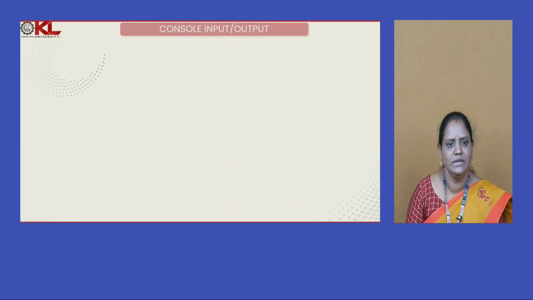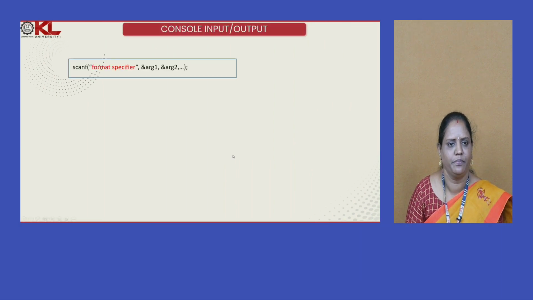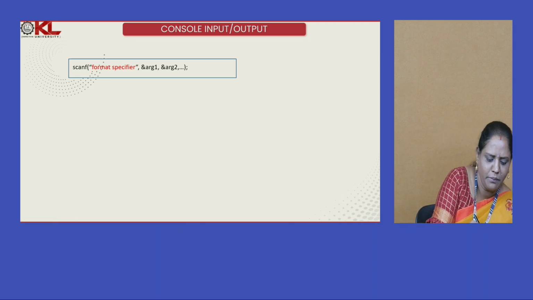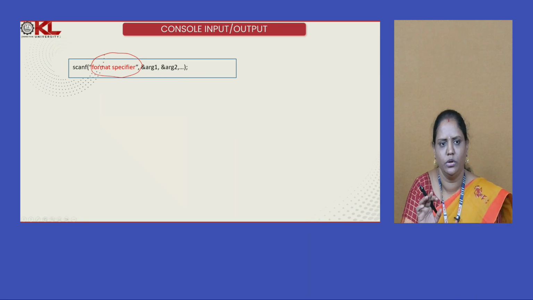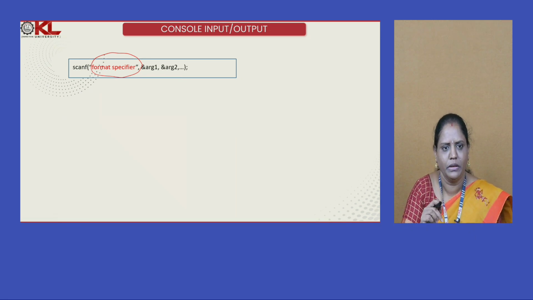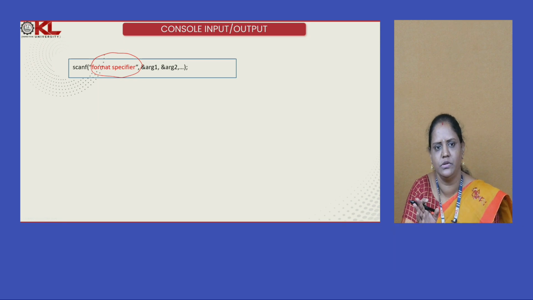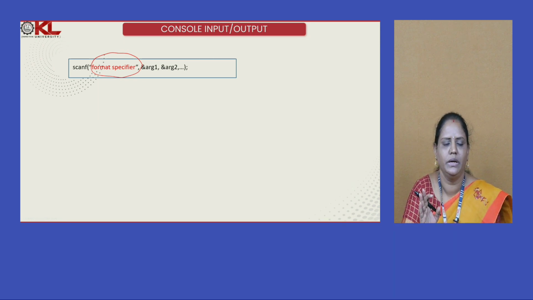Now here we'll see the syntax of scanf. So scanf, format specifier. Here the format specifier again represents what type of value you want to get from the keyboard. I said previously that we supply different types of values to our program. The value may be in the form of an integer, a float, or a character.